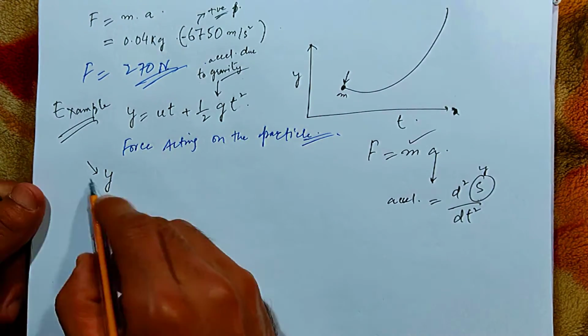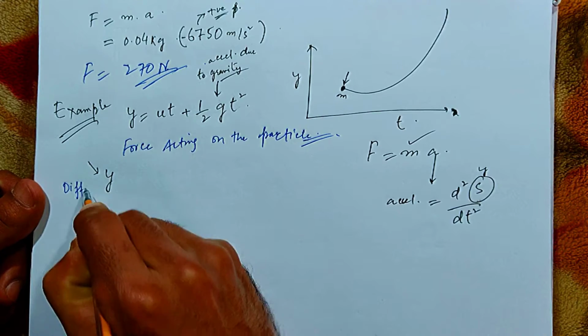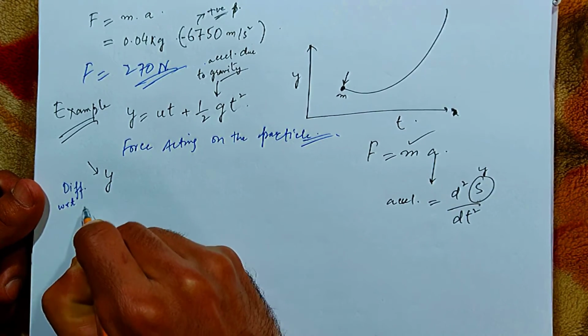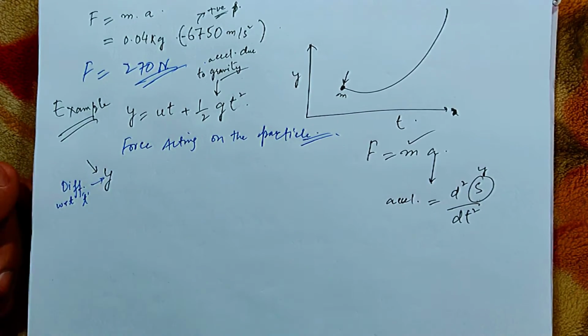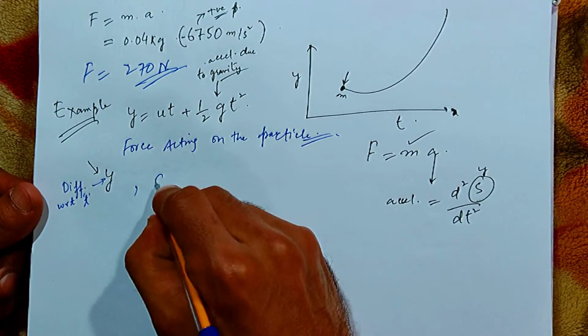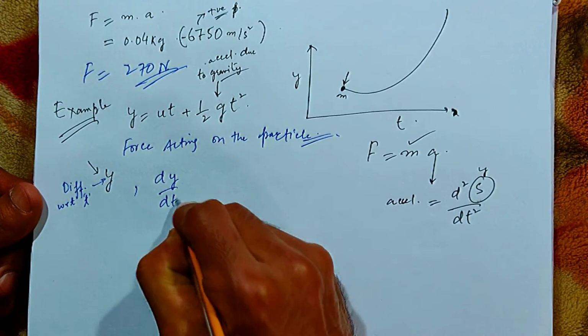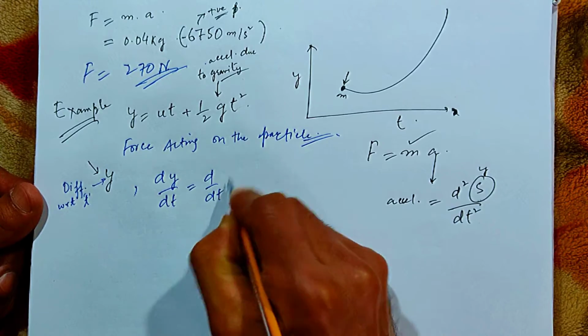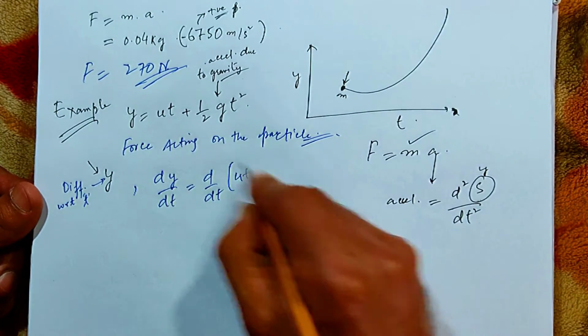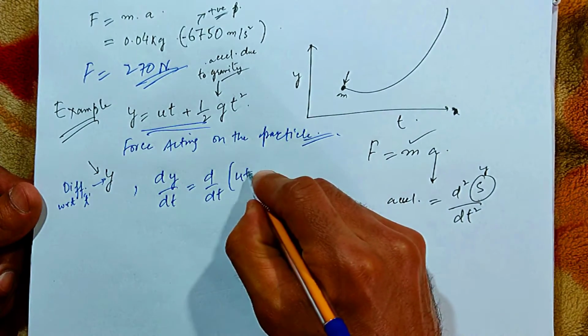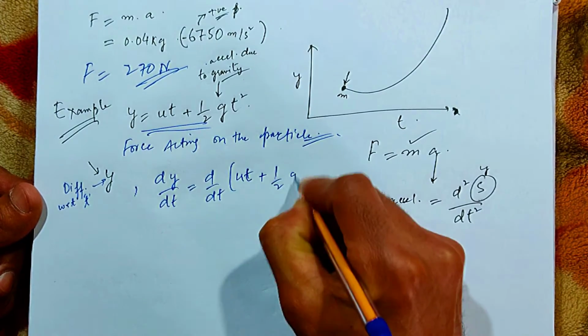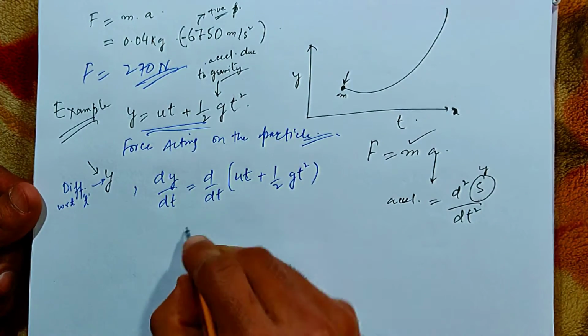So we will differentiate this with respect to time of what? Y. So we'll get dy by dt, d by dt of ut, because y is equal to this, it is given here, ut plus 1/2 of gt squared.